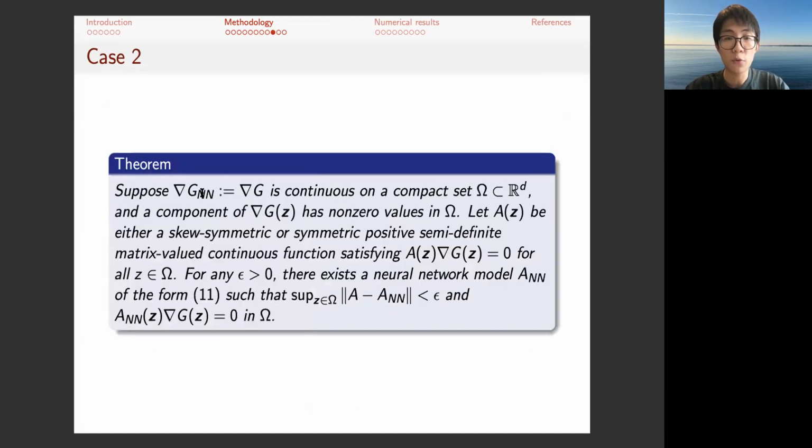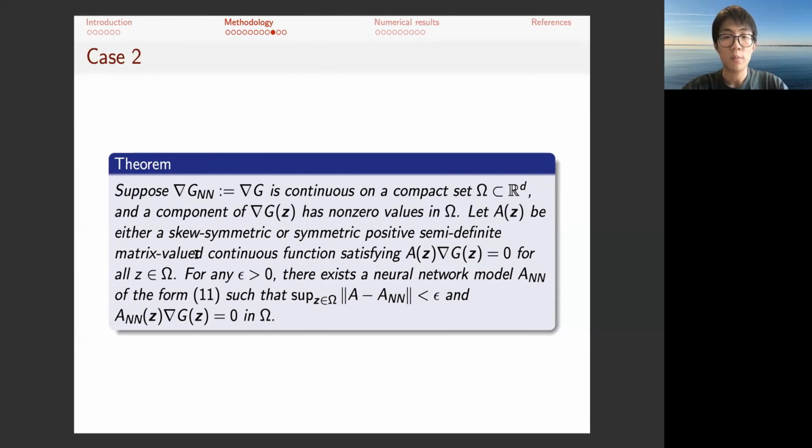We also prove a universal approximation theorem, in the sense that we suppose that gradient GNN is accurate enough so that it is actually equal to gradient G, where G is the approximation target, like the energy and entropy in the generic formalism. And a component of gradient G has non-zero values in the whole space.